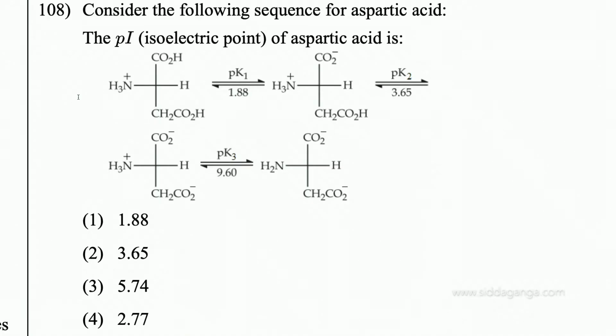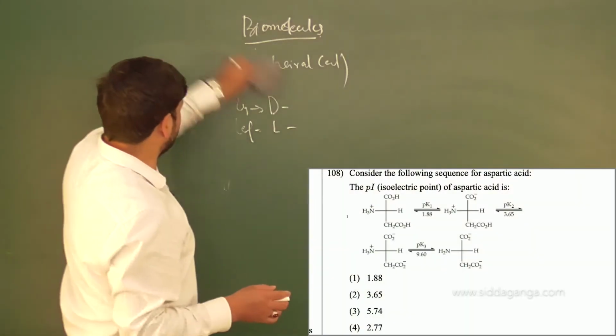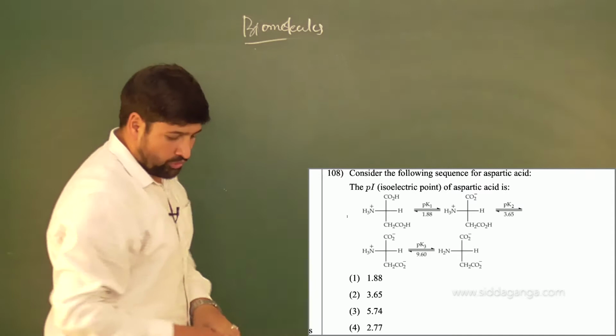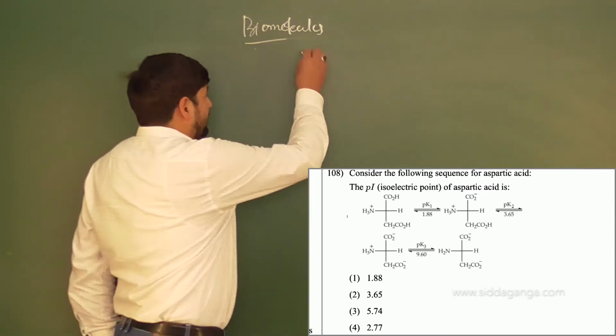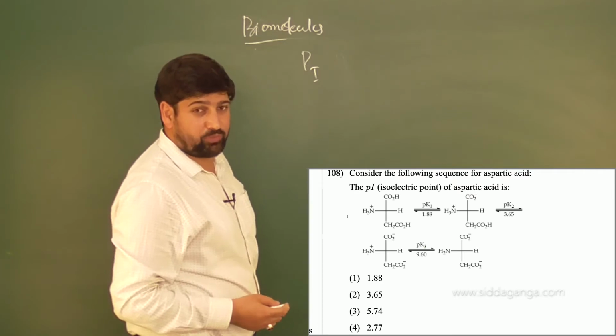Question number 108. Consider the following sequence of aspartic acid. Good, have a look. Aspartic acid is an acidic amino acid with the side chain CH2COOH. The isoelectric point pI of aspartic acid is, let us see the diagrammatic analysis of this question more clearly, children. You need to understand this question well. What is the isoelectric point?